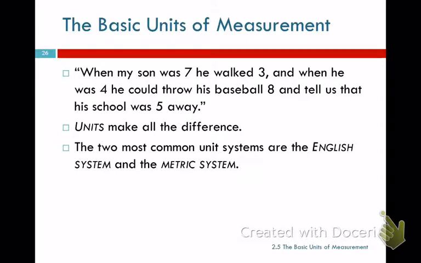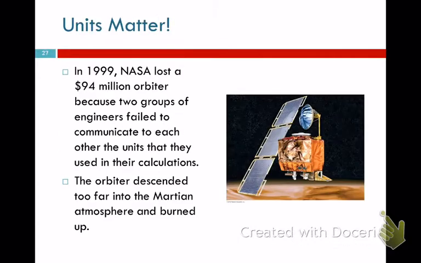And in the metric system, all these numbers are interrelated in logical ways. The metric system is multiples of 10. The English system is just, I think, whatever they decided to do.